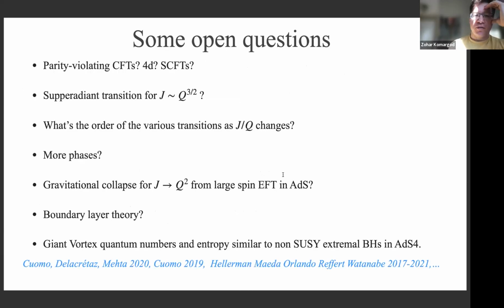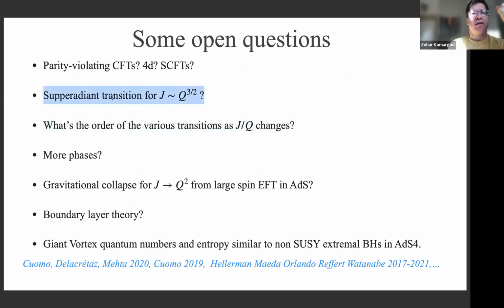Okay, let me just mention some open questions. It would be very nice to extend this to 4 dimensions, an Abrikosov lattice of strings rather than of vortices, and to see what are the corresponding phases. Now, this goes back to the question that we discussed at the beginning of what is the nature of all these transitions. This is not known.